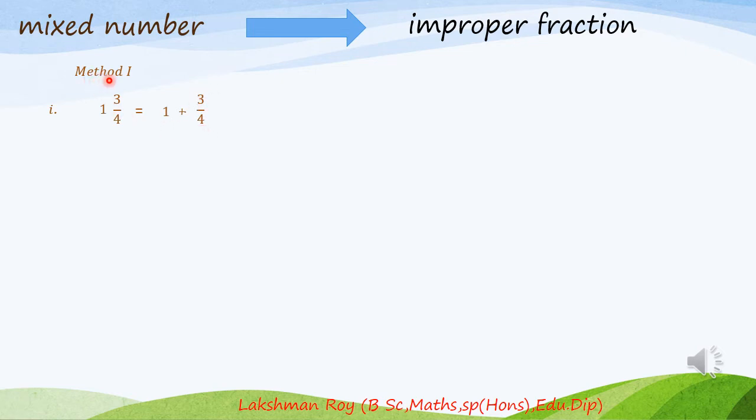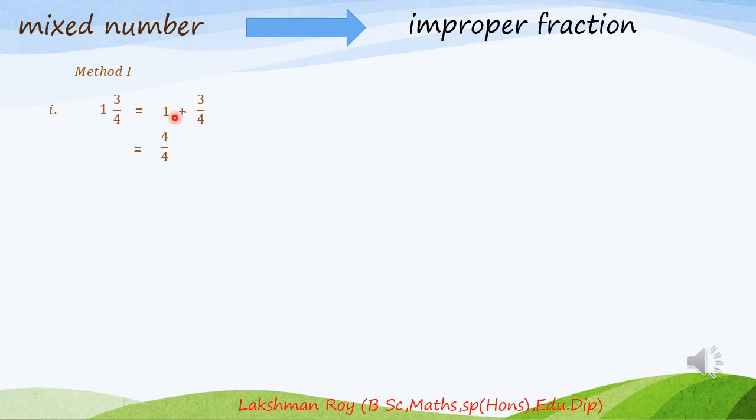In this method, what I am going to do is write this 1 as a fraction. Any whole number you can write as a fraction. So here I want to write 1 as a fraction using the denominator 4, because I want to add.